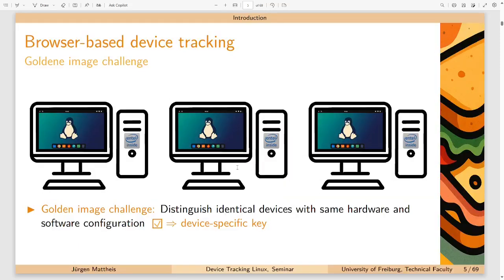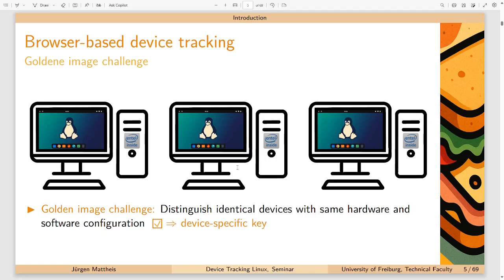And often in this device tracking scene, there is the so-called golden image challenge. It's the challenge to distinguish identical devices across networks and so on that have the same hardware and software configuration.